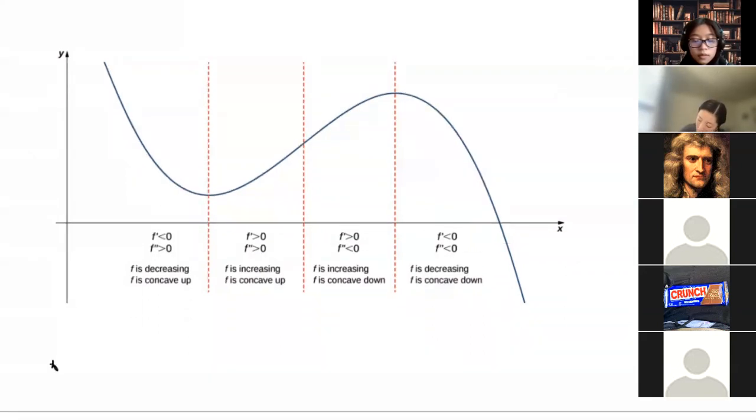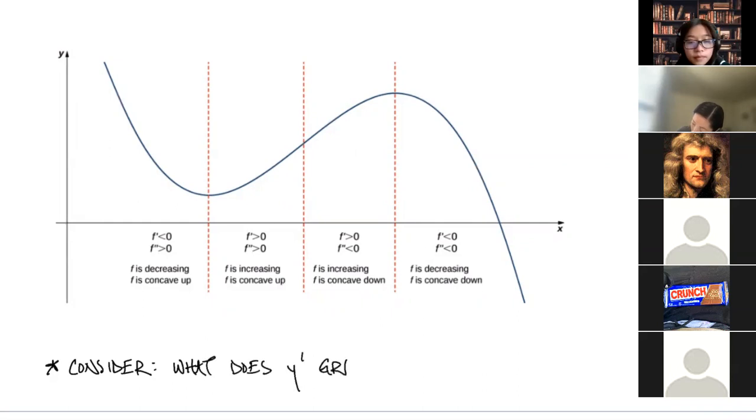And I'll leave a little note here that it might be interesting to consider the following question. What does the y prime graph look like?